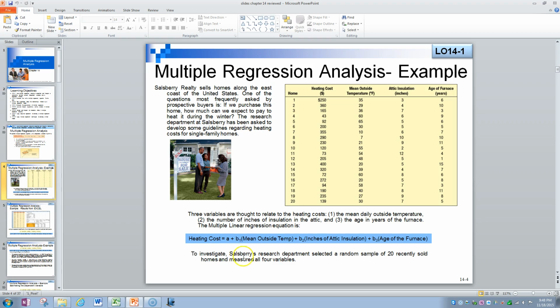To investigate, Salisbury's research department selected a random sample of 20 recently sold homes and measured all four variables. And this is a table with the four variables. We have 20 homes, heating costs for each home, the outside temperature that corresponds to each case, the attic insulation in inches, and the age of the furnace in years.